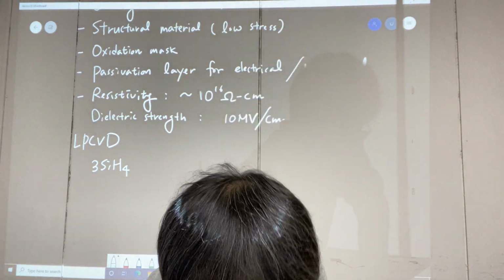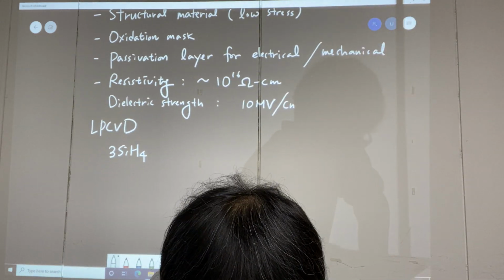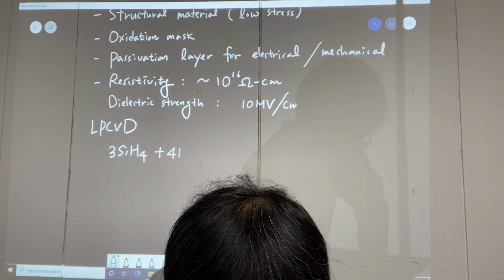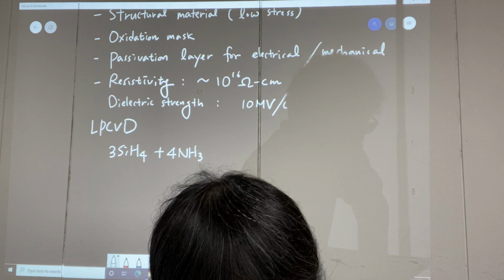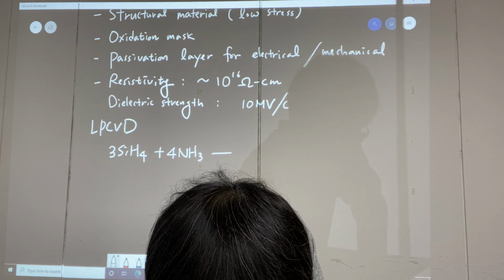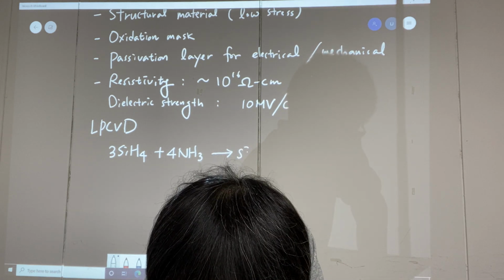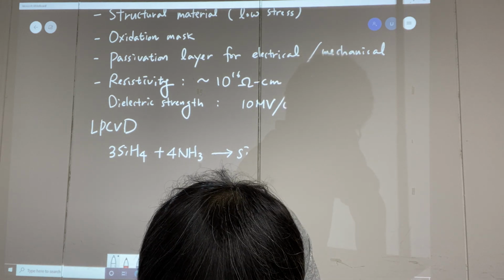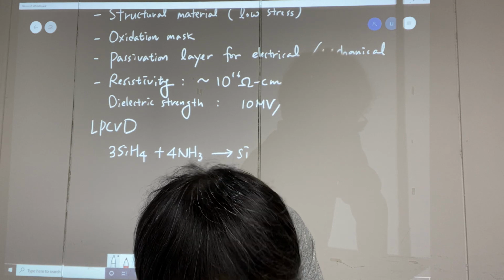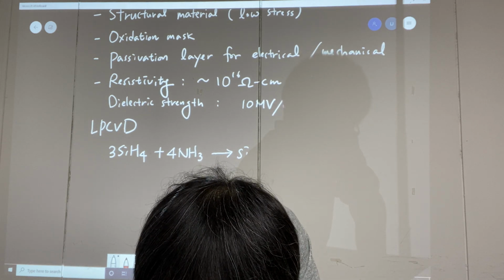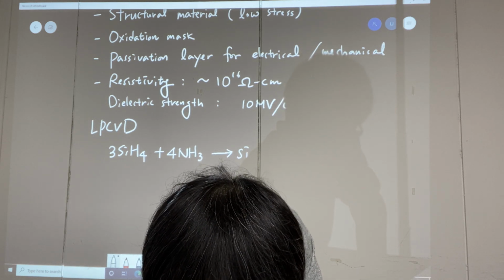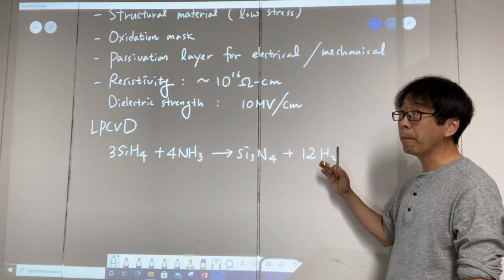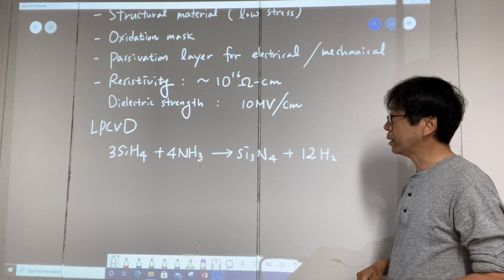Silane gas, that is a gas actually. Plus ammonia. You know how it smells, you know it smells very strong. Ammonia at high temperature will create stoichiometric silicon nitride, Si3N4, and leaves a lot of hydrogen gas. So we need to burn this out, to eliminate.